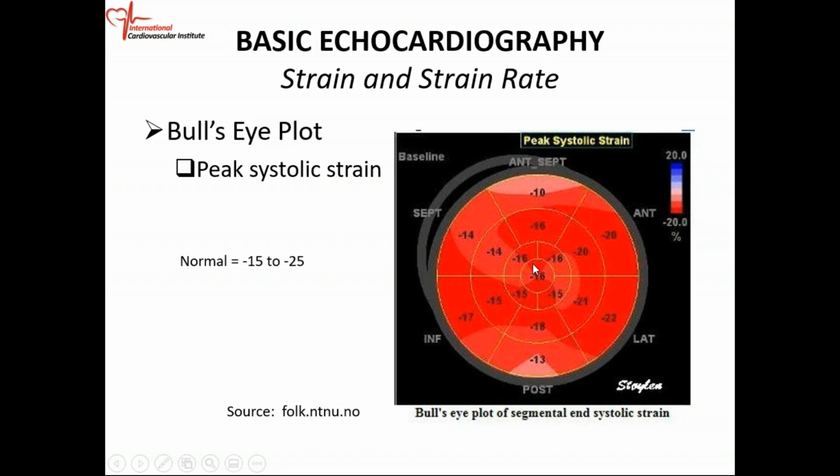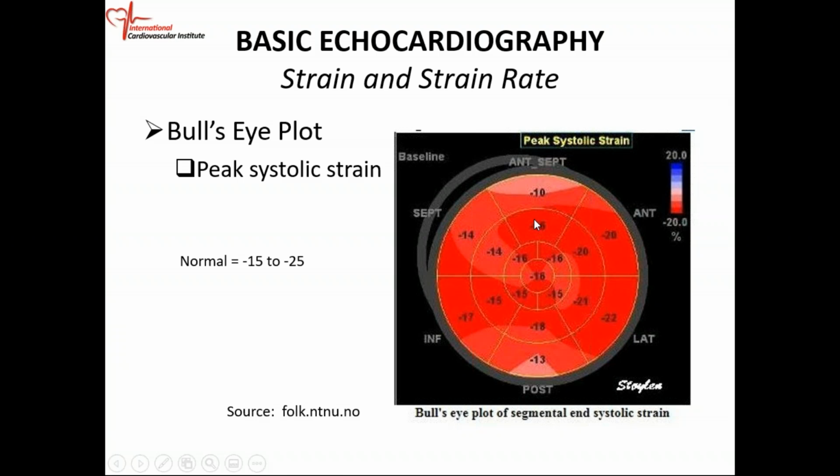The anterior wall, the inferior wall. Over here is the lateral, anterior lateral, inferior lateral. Then this is the septum, inferior septum, anterior septum. Again, it's color coded, so you can see there's bright red, and there is pink and even lighter pink. And there's a number there.